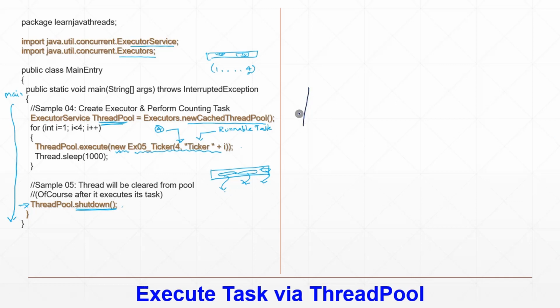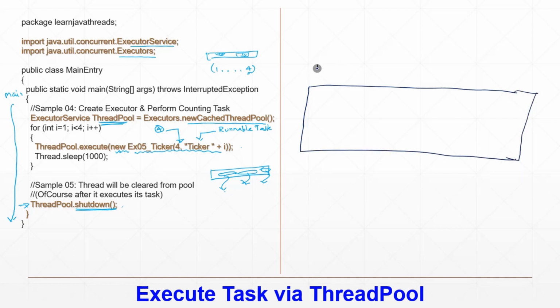So we call this our executor service. The executor service has a pool of 3 threads.